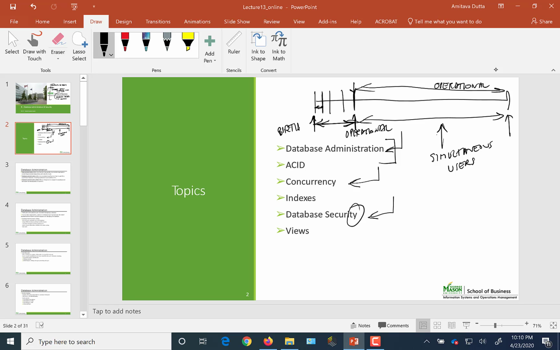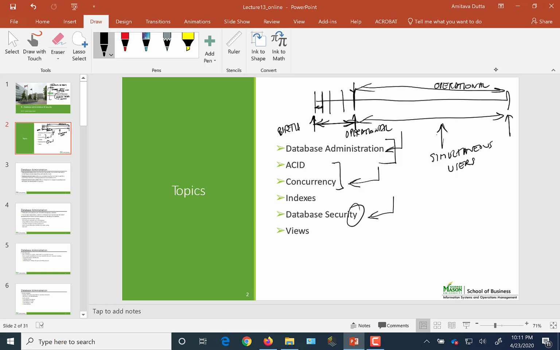Now, anytime you have simultaneous users, there is an issue that you have to be very careful about, and that's what's called concurrency. This is a very technical issue. If you don't handle concurrency properly, then you can get very bad results. By bad, I don't just mean slow. It's not a question of the system slowing down.